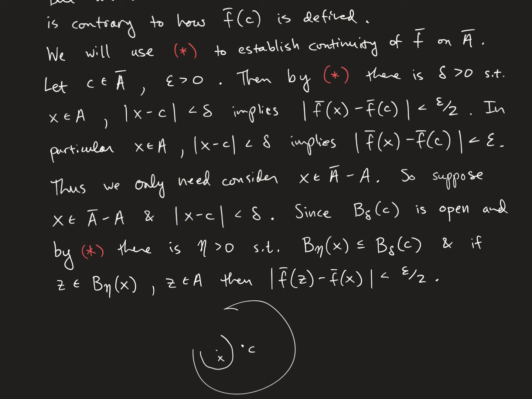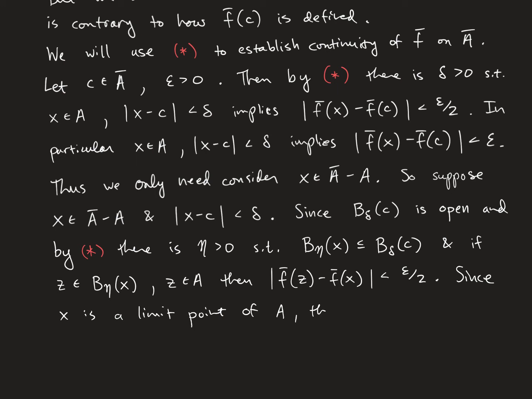Okay, so since x is a limit point of A, there is indeed a z in A such that z is in the eta ball around x.